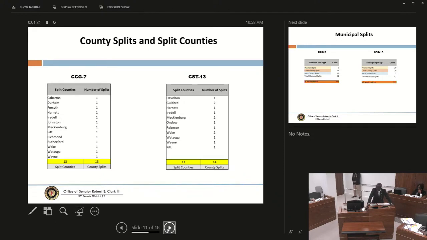In the plan before you now, counties were split only 13 times, whereas in the other plan, because of all this double splitting, counties were split a total of 14 times. For what that's worth. Just to bring a little bit of transparency to that situation.